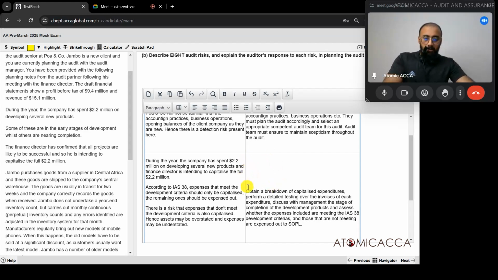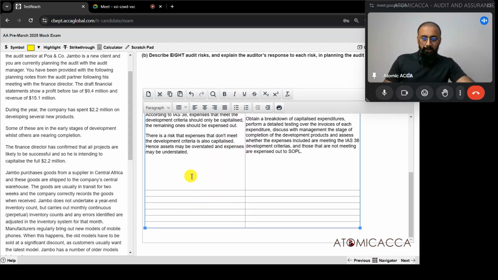So we are done with this particular point as well. So 2 down, 6 more to go.